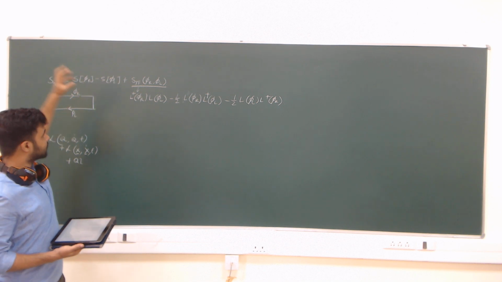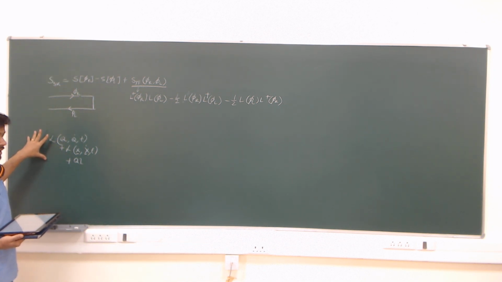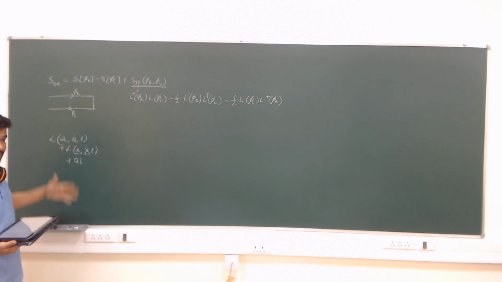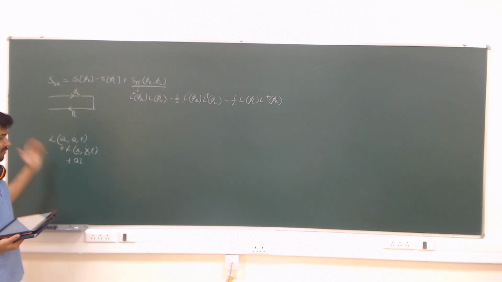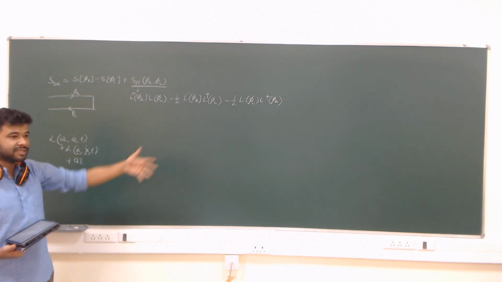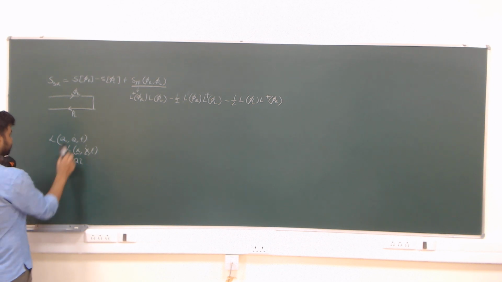On the other hand, if we start from this description and write the GKSL equation and then the path integral version of that equation, we will see that this L prime, L dagger and L are nothing but the L that we had in the GKSL equation.